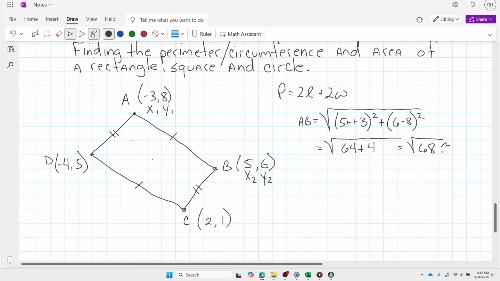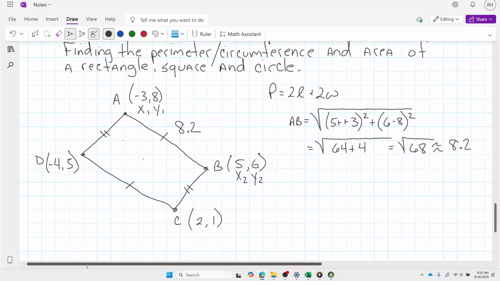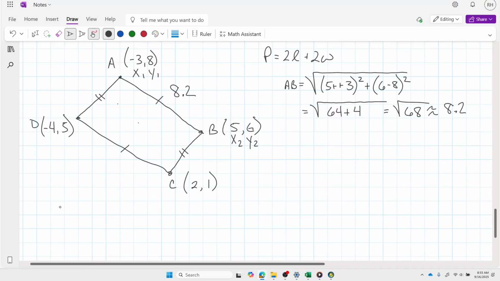And the square root of 68 is equal to 8.2. So side AB in this rectangle is 8.2. Everybody okay with that? Distance formula.